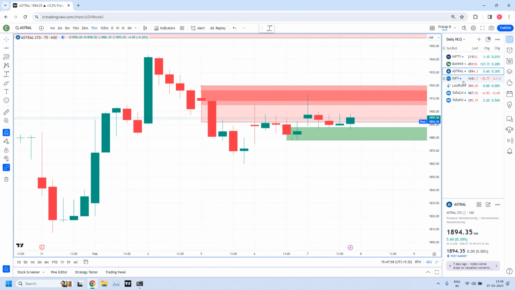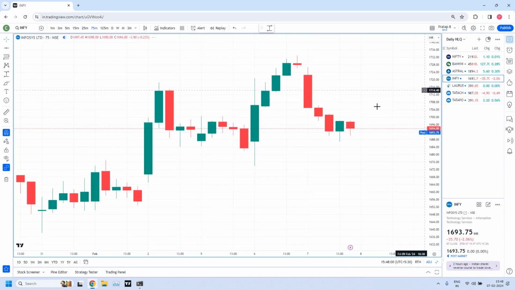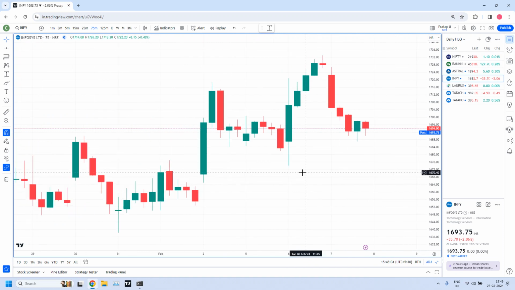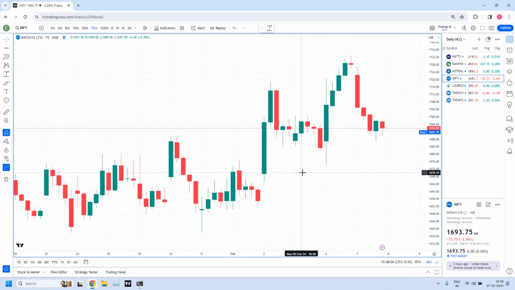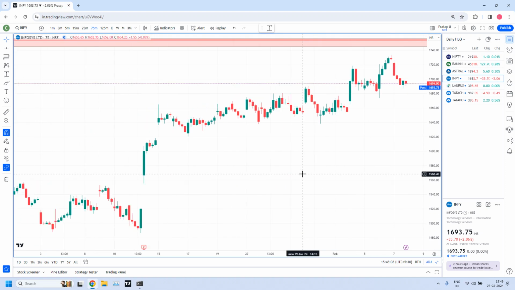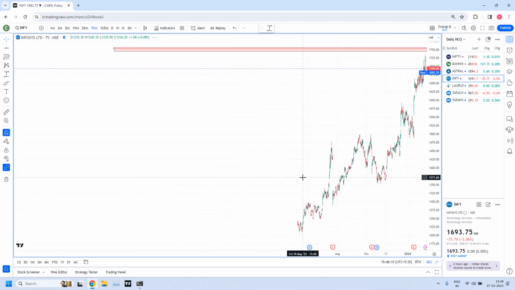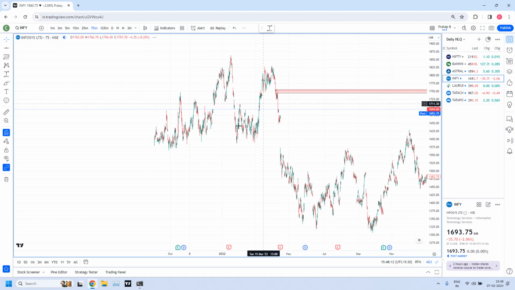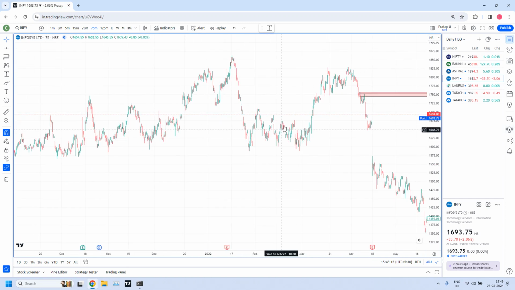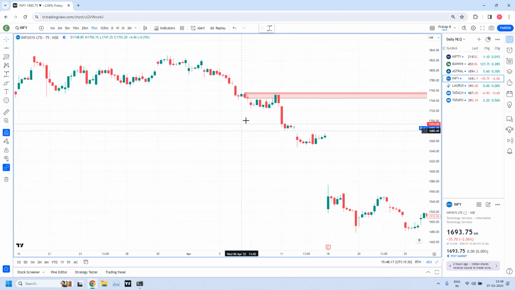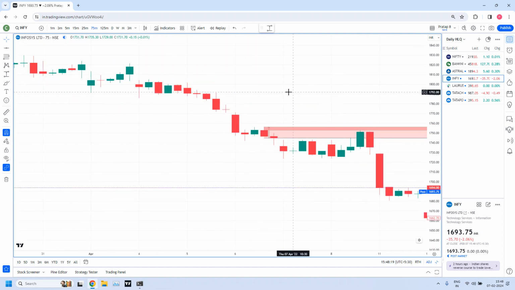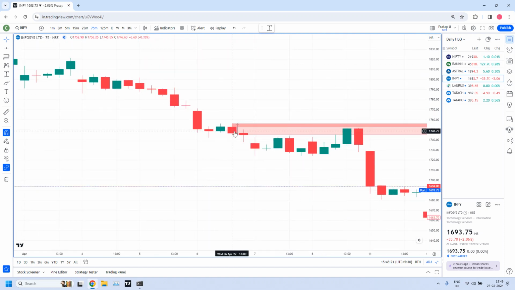Next one is Nifty. See, Nifty is having a 75 minute zone, started in the year April 2022.